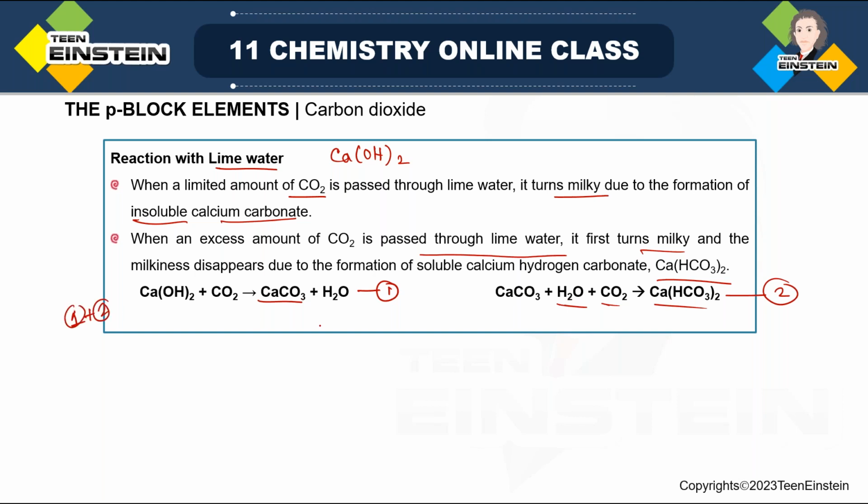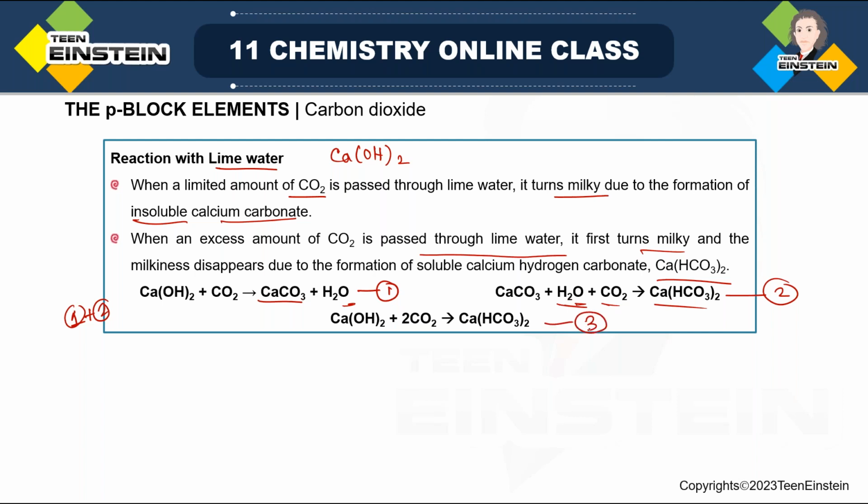H2O is on the right hand side in one and on the left hand side in the other, so these two will be cancelled, and calcium carbonate will also be cancelled. So in the final equation, you will get calcium hydroxide plus 2 CO2 on the left and calcium bicarbonate on the right hand side. If you simply add 1 and 2, you will get reaction 3.